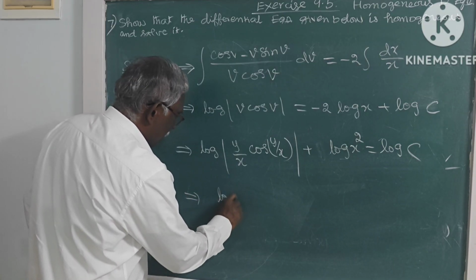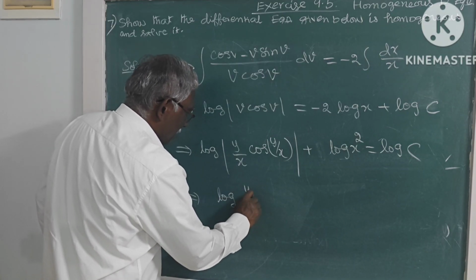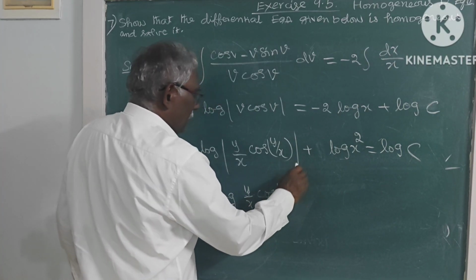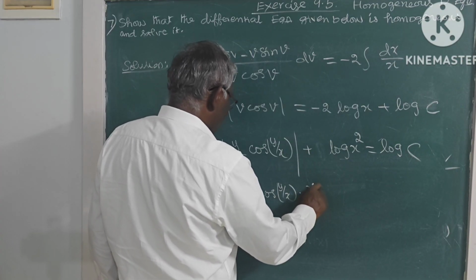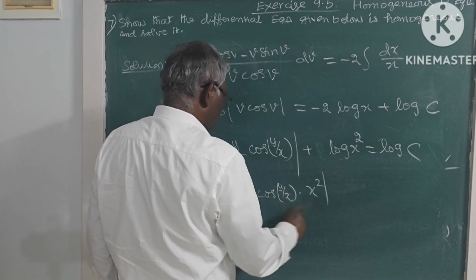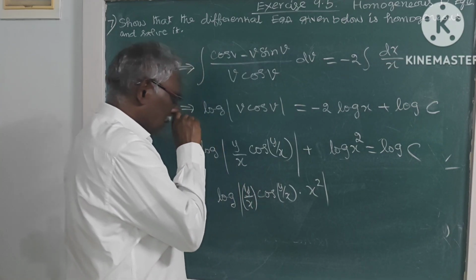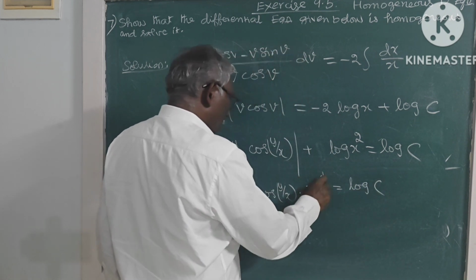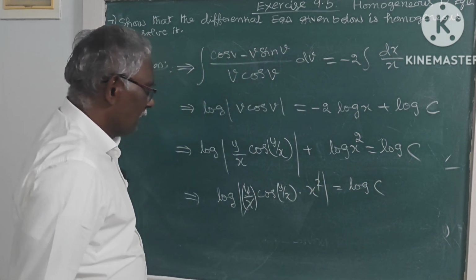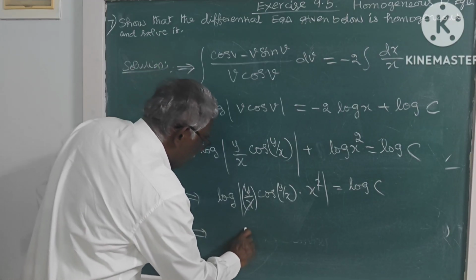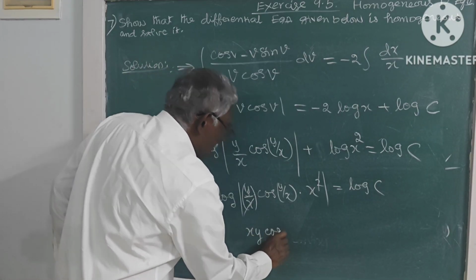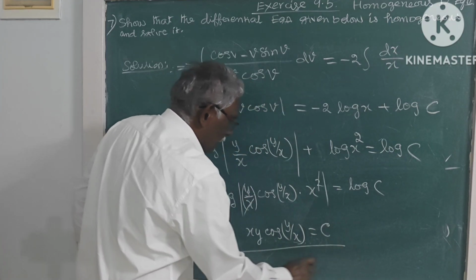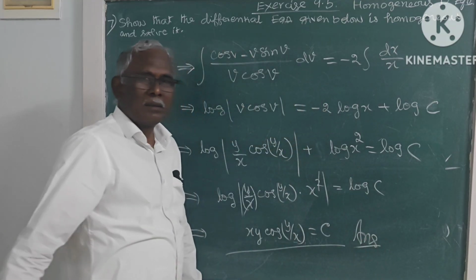So this will be log of y by x into cos y by x into x square, is equal to log c. So one x gets cancelled, so we'll get xy cos of y by x is equal to constant. So this is the answer.